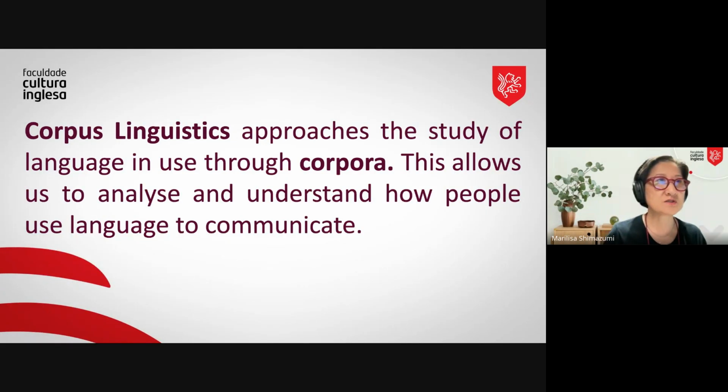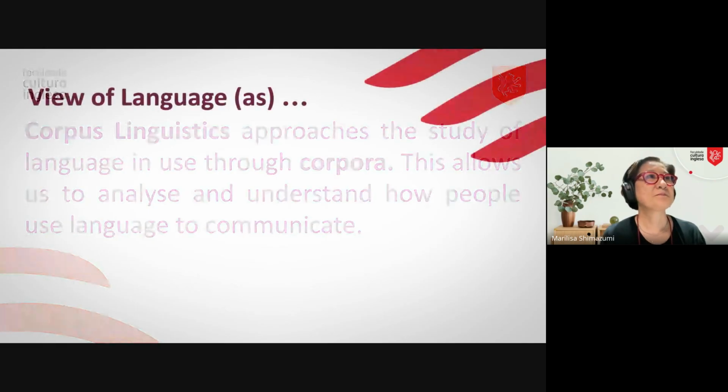So this is just one example. So corpus or corpora, large collections of texts, written or spoken. In corpus linguistics, it's the analysis of what we can find in corpus or corpora.